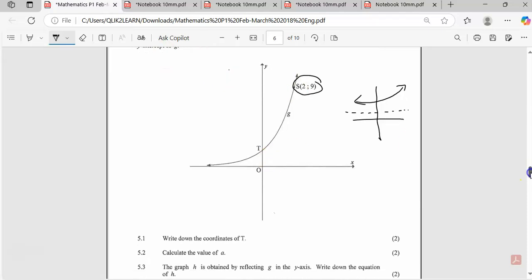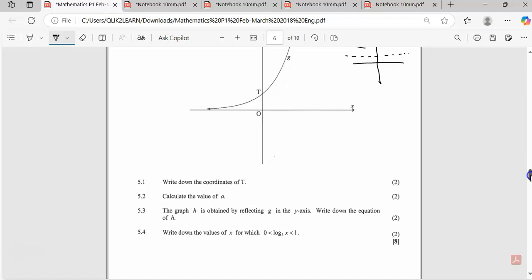I'm only interested in question 5.3. These are easy marks. You just have to complete this question very fast. They say that the graph of h is obtained by reflecting g in the y-axis.